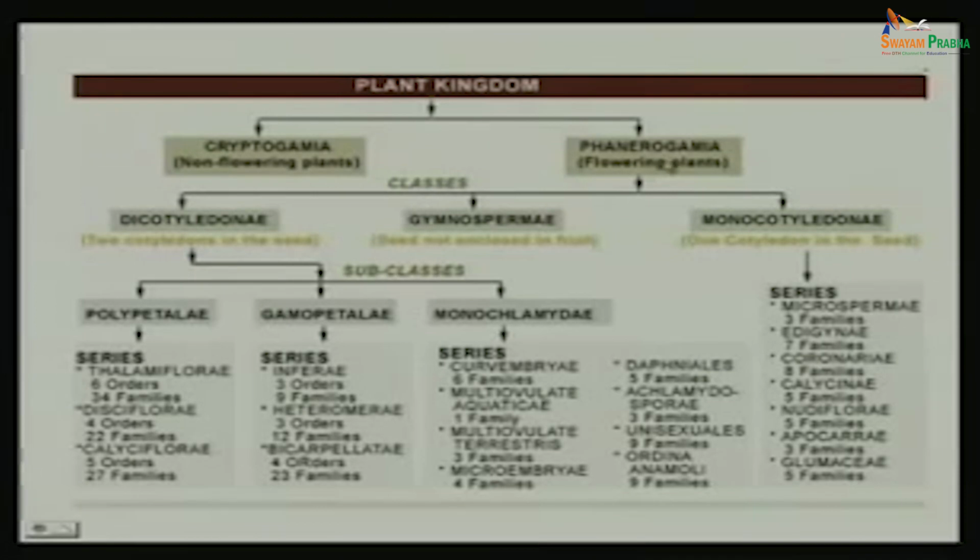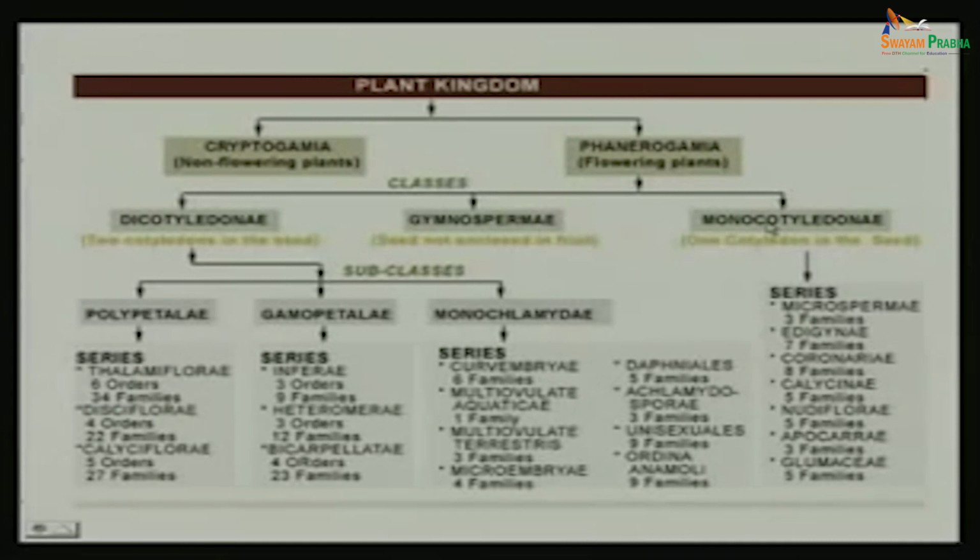Now, depending upon the nature of the flowering pattern, it has been divided further into different classes. In case of this flowering plant, it is divided into three major parts. One is called monocotyledons, another is the dicotyledons and another is the gymnosperms.